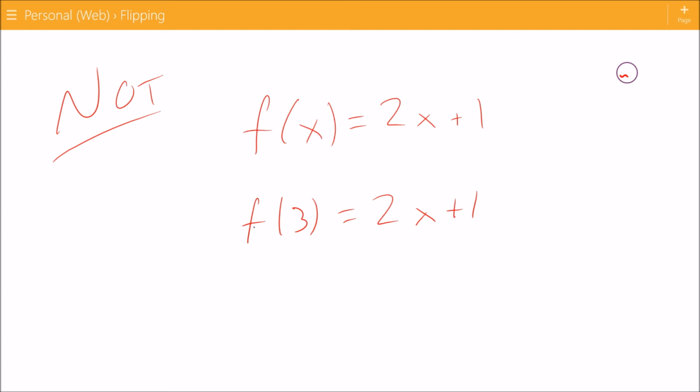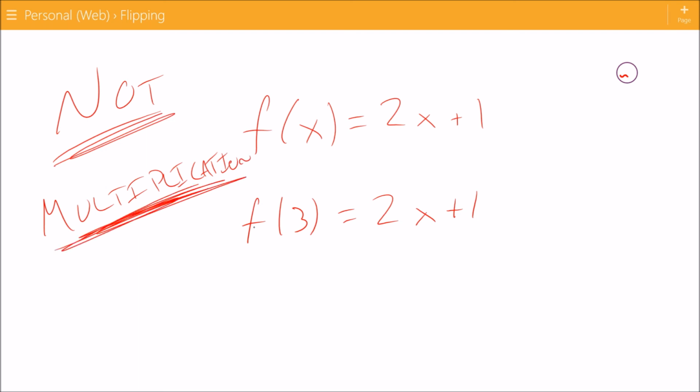This is not multiplication. This is just function notation, not multiplication. Again, this is what not to do. This is a counterexample.